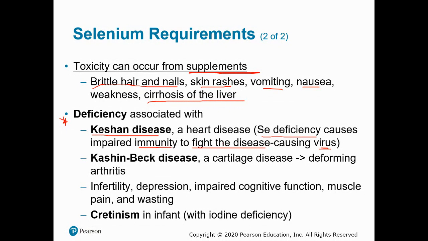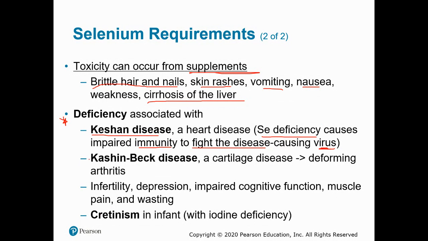In this case, Keshan disease is actually caused by a virus in conjunction with the selenium deficiency. So the lack of selenium weakens the immune system's ability to fight off this virus.